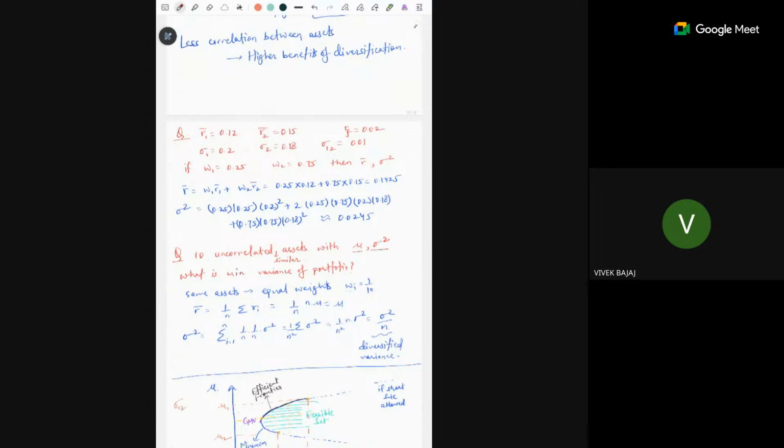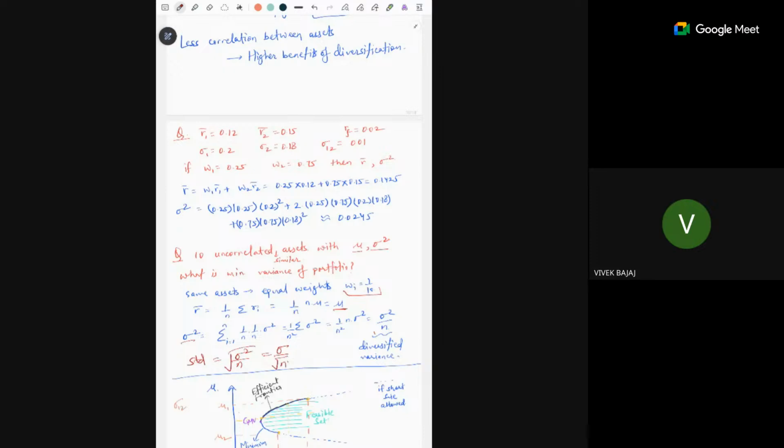There are 10 assets, so each asset gets a weight of 1 by 10, and from that you can calculate the portfolio return, that is the sum of Wi mu, which is again equal to mu. If you calculate the variance, it turns out to be sigma square by n, and the standard deviation becomes sigma by root n.